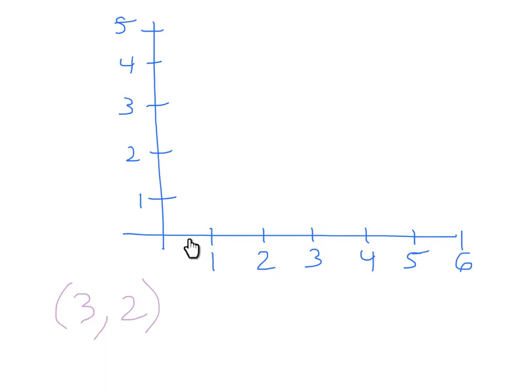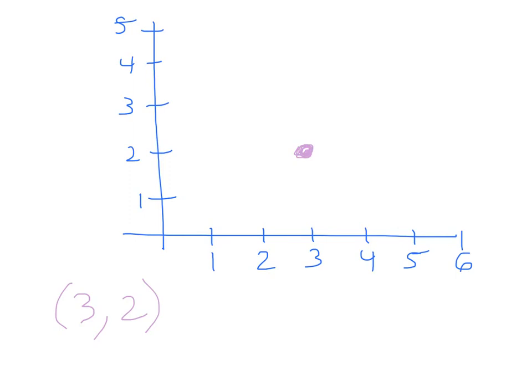We move over 1, 2, 3 spaces. Then we go up 1, 2, and then we can mark our ordered pair 3, 2 in the right spot. How many of you got that correct? Yeah, every hand better be up this time.